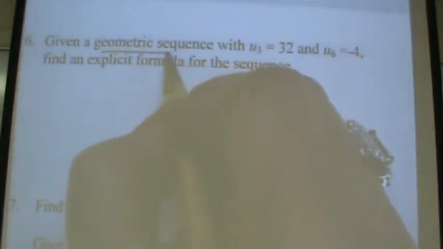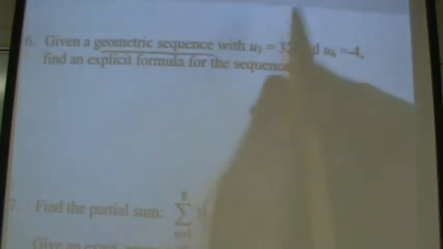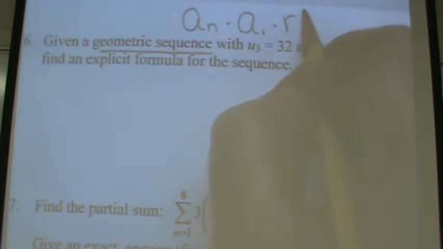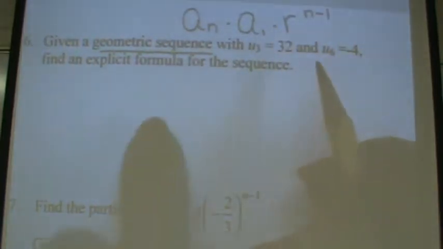This one is a geometric sequence, but it's like the arithmetic one where they give you 2 terms and they're not in a row. I want you to take a look at the formula. This is what helps me do this problem all the time. I look at this one and I say, what's the relationship, oops, this is an equal sign, guys, sorry.